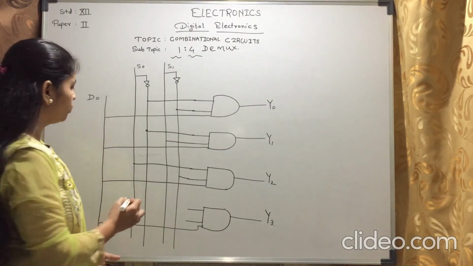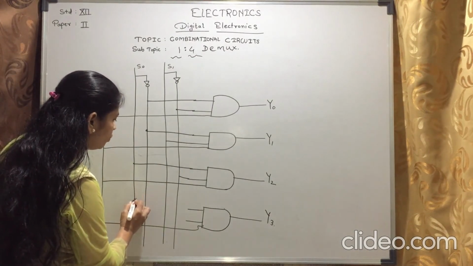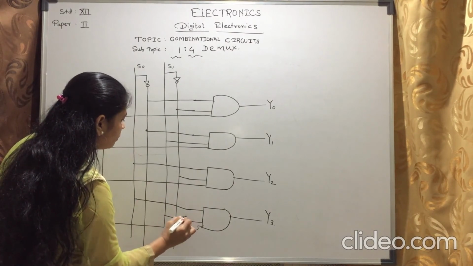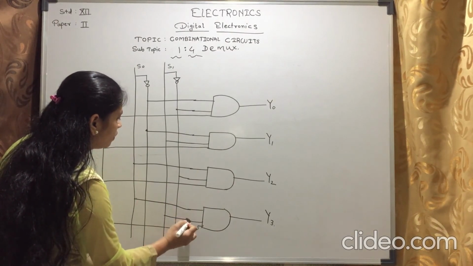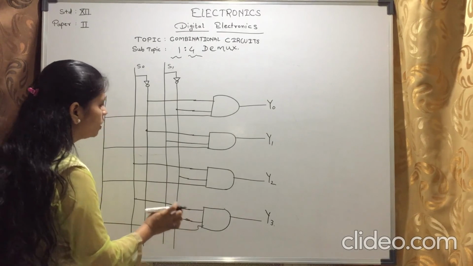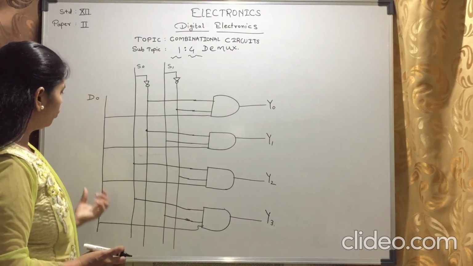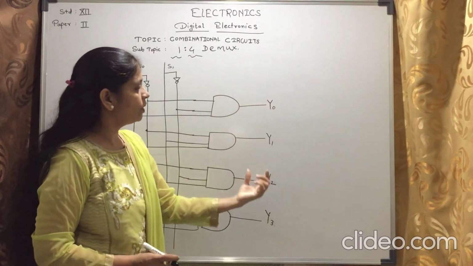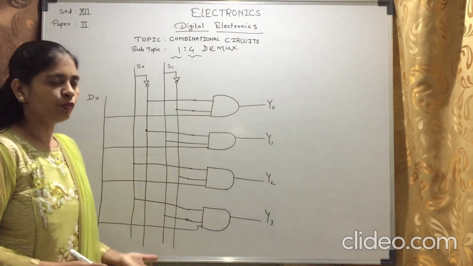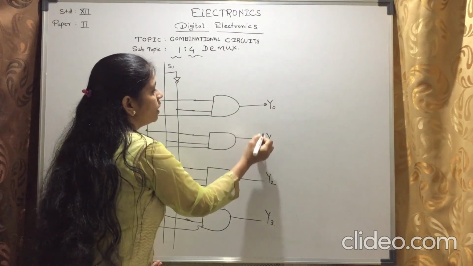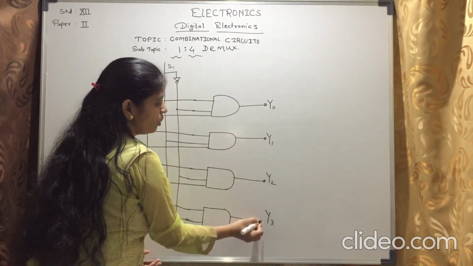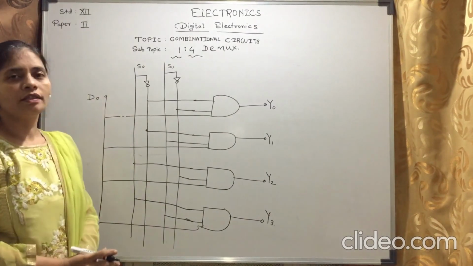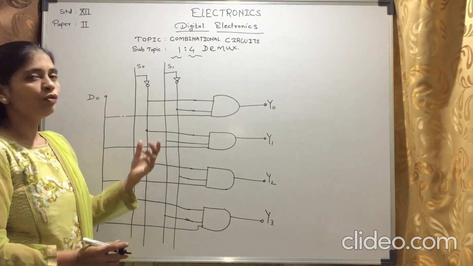Then next is 1 1. So we connect here 1 and here also 1. So D is the 1 input, S0 and S1 are the select lines, and Y0, Y1, Y2, Y3 are the output terminals. In this way, we can draw the circuit diagram of the demultiplexer. This is 1 to 4 demultiplexer.